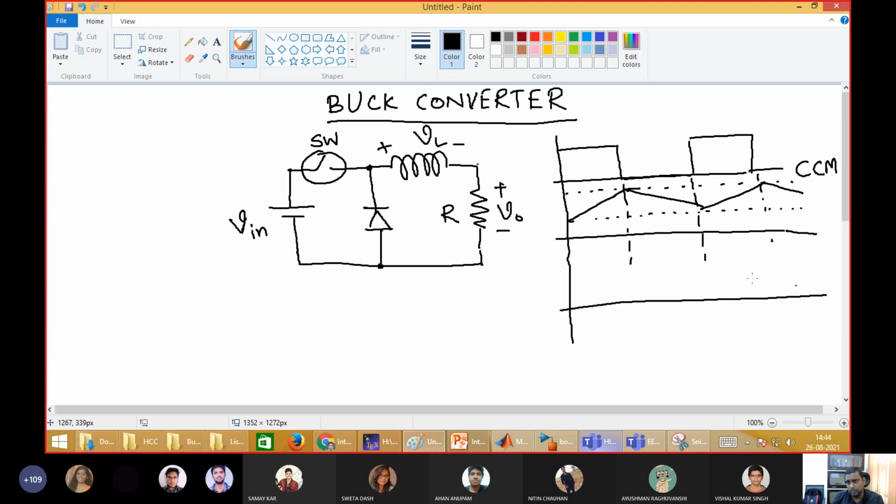Discontinuous conduction mode could appear because of low inductor value or low input voltage or low load current. The inductor current might be something like this.